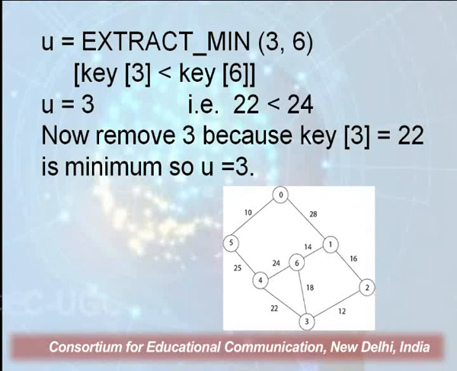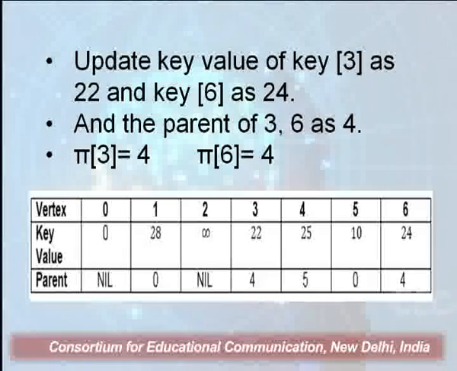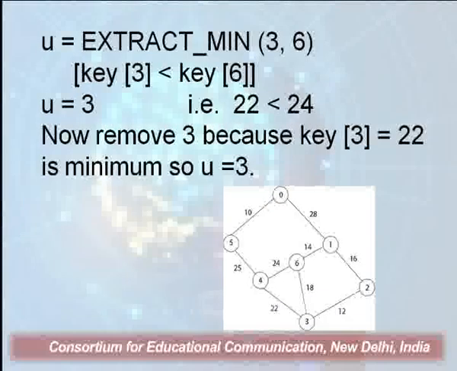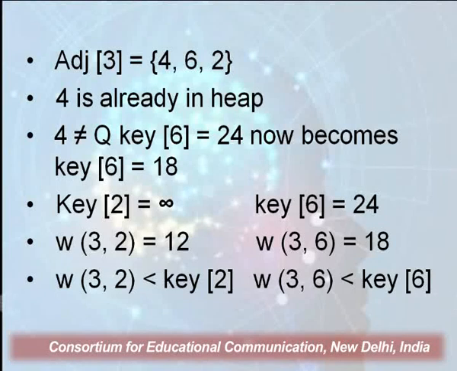So wherever the weight of the edge is less than its present key, we will be updating. So here we will be updating 2 and 6 also. After updation, the key of 2 was infinity and the key of 6 was 24, while the weight of 3 comma 2 is 12, which is obviously less than infinity.